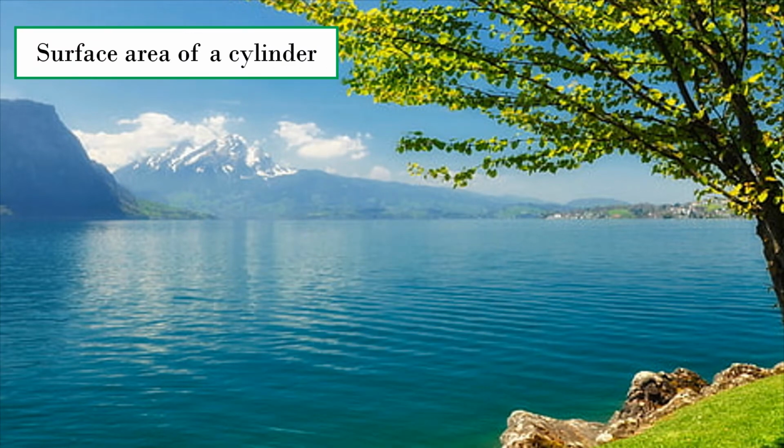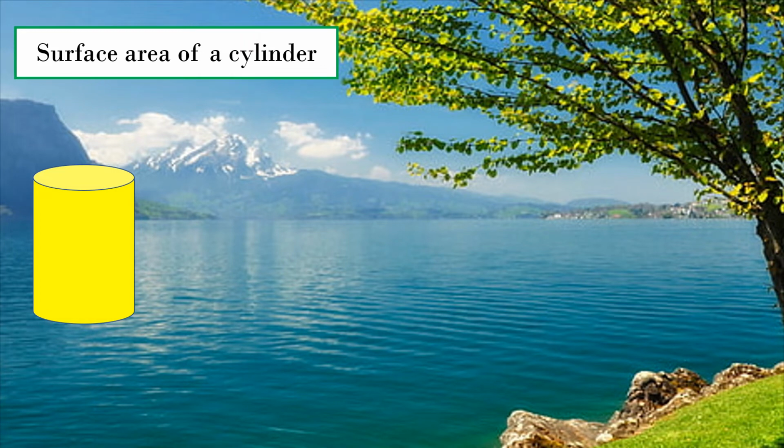Let us now take a look into the surface area of a cylinder. So, given a figure of a cylinder, this part is what we call the curved surface. Of course, the top end as well as the base is a circle.